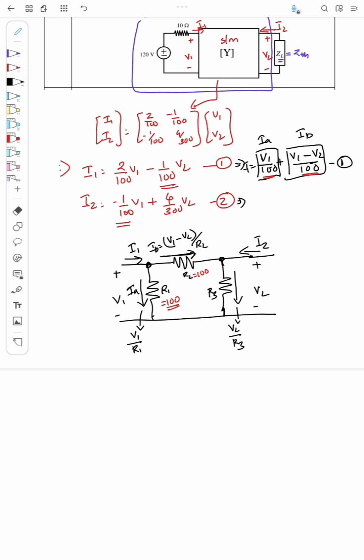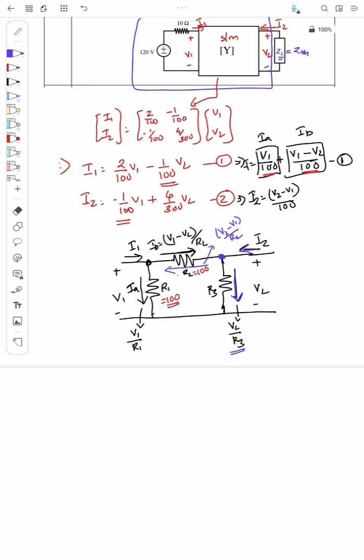I can split I2 as V2 minus V1 by 100. Why am I taking it like that? Because if I use KCL here, the current I2 entering here will be split like this and like this. This current is V2 by R3 and this current is V2 minus V1 by R2. I need V2 minus V1 by R2, and R2 is already 100 from the previous relation.